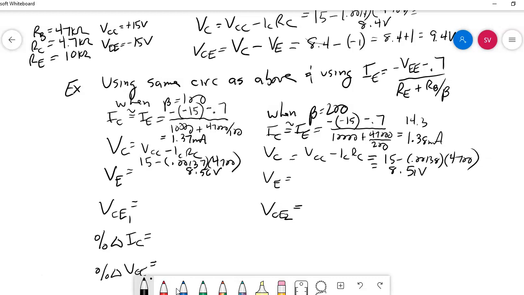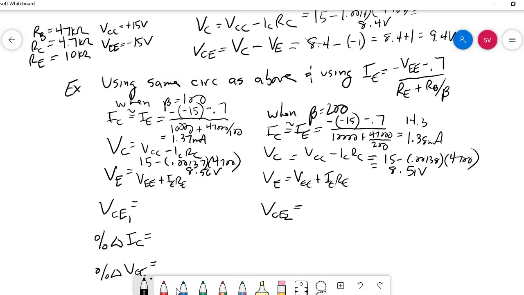Now, if we really want to, we could calculate VE. We really don't have to, because we already said it's roughly equal to 1. But if you wanted to, VE is made up of VEE plus the voltage drop across the emitter resistor. So that's IE RE. It'll be the same thing over here, VEE plus IE RE.